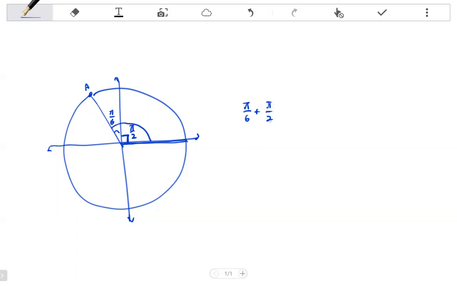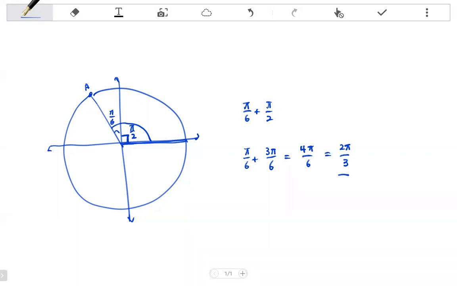Pi over 6 plus pi over 2, we want common denominators, so it's going to be pi over 6 plus 3 pi over 6, which is the same as 4 pi over 6. In other words, if we simplify that, that's 2 pi over 3. So it's either going to be E or F, right? E or F because we got 2 pi over 3.